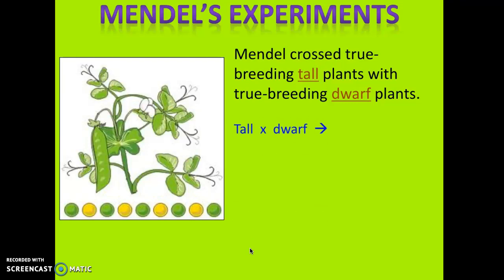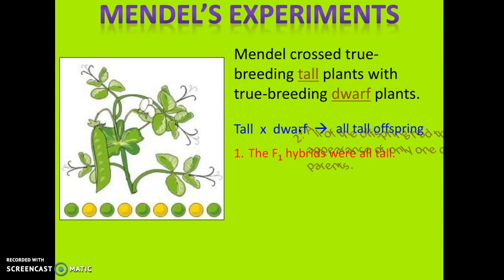And so he combined them. A tall with a short gave him all tall offspring. So every single offspring of that hybrid, every single hybrid was tall. So every cross between a tall and a short plant came out tall. The F1 hybrids, so those grandparents were tall and short, the parent was all tall.